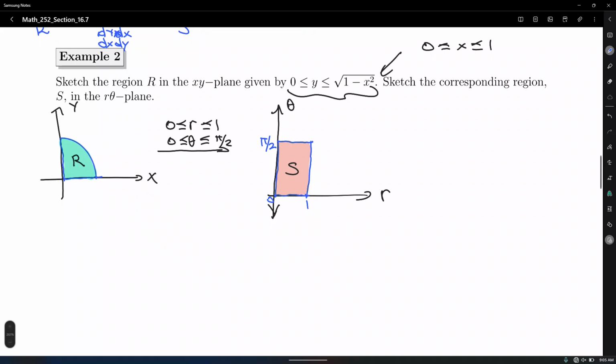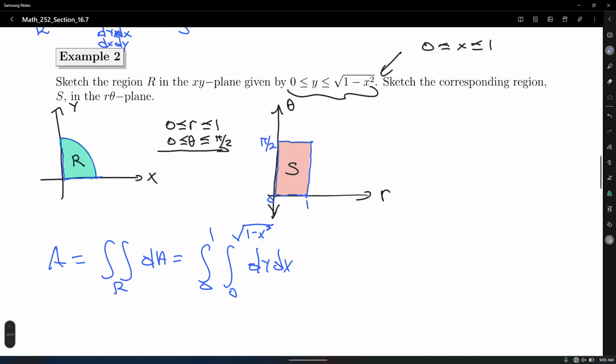Let's find the area. I'm not going to calculate, I'm just going to set up the integral. So area equals the double integral over the region R of dA, which means the double integral, dy dx, from 0 to the square root of 1 minus x squared, and from 0 to 1. All right, that would be the integral to compute the area of that region.